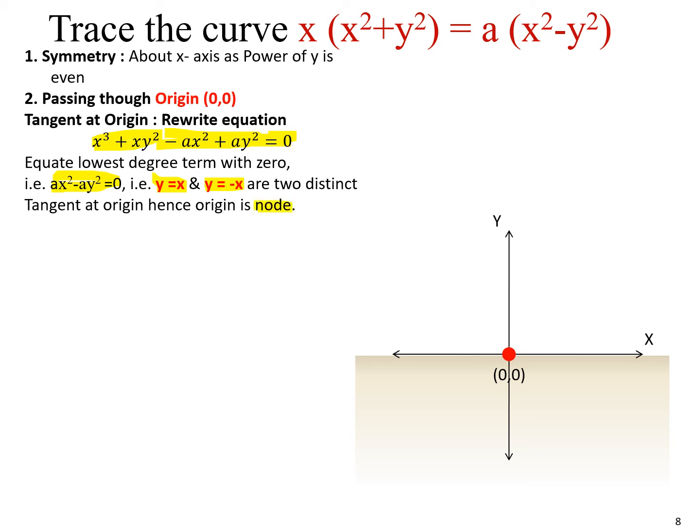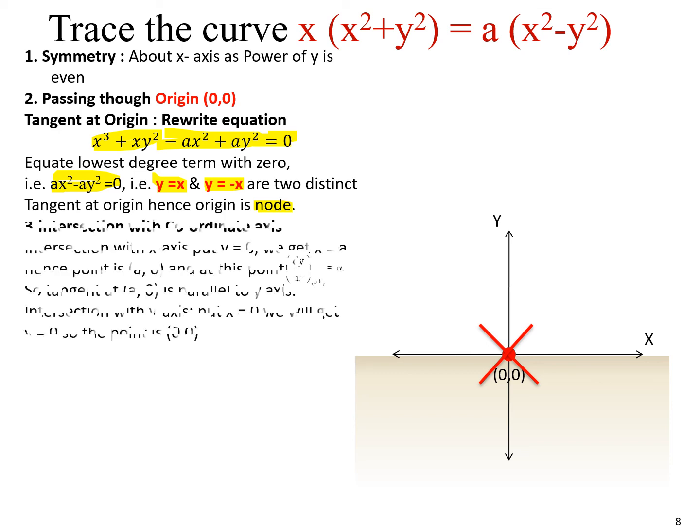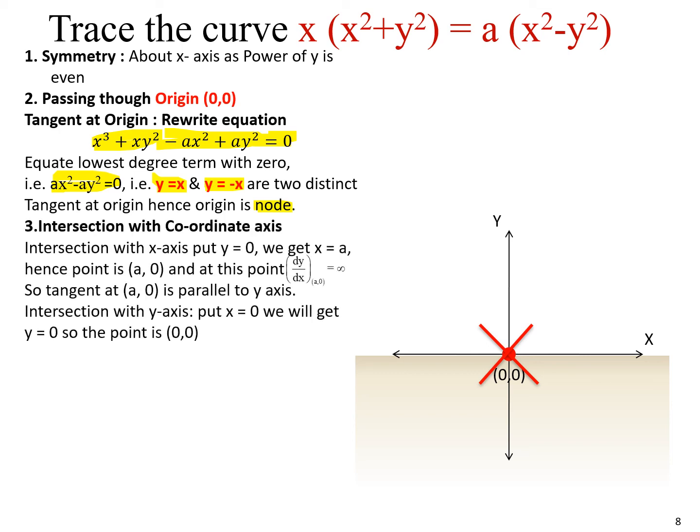So here we will draw our two tangents, that is y equal to x and y is equal to minus x. Okay, now come to point 3, that is intersection with the x-axis and y-axis. So intersection with the x-axis, if you put y equal to 0, you will get x is equal to a. So now x is equal to a at y equal to 0, that means your point is a comma 0, right?